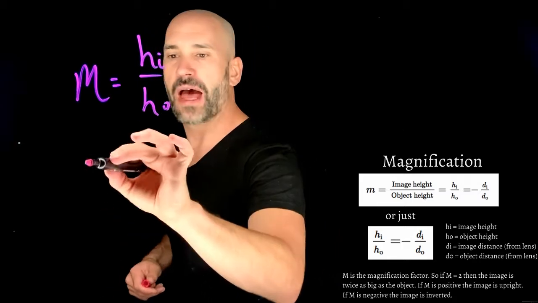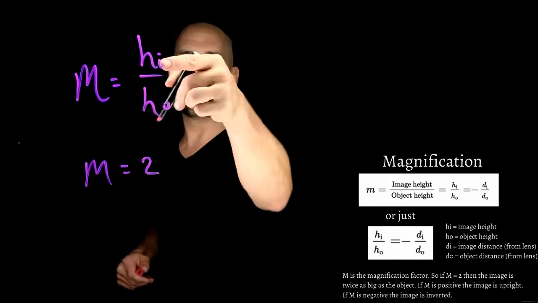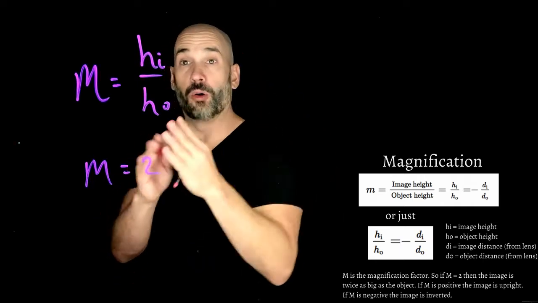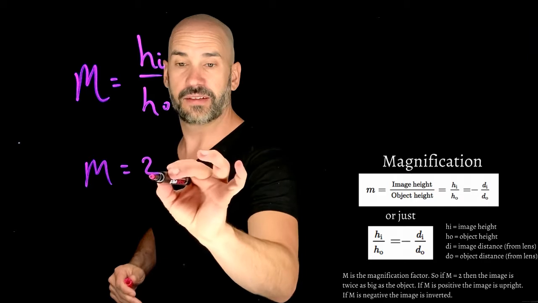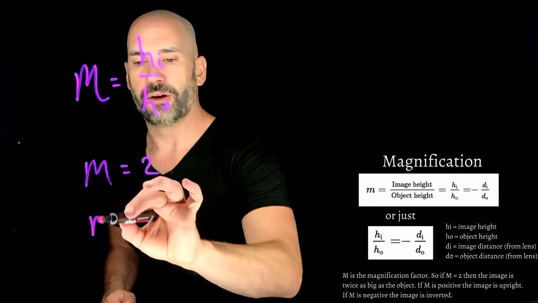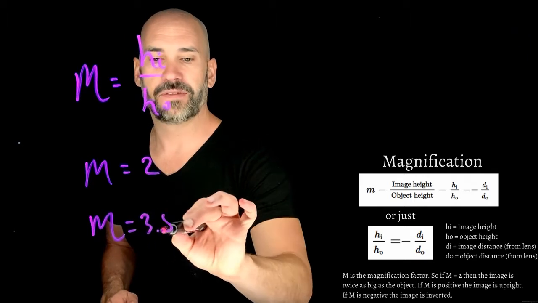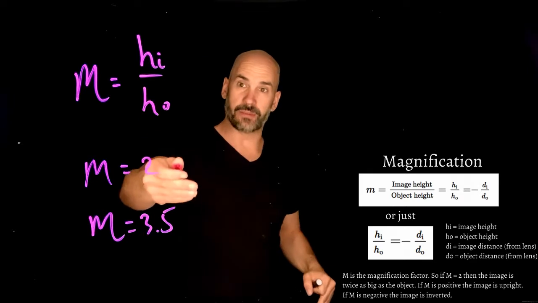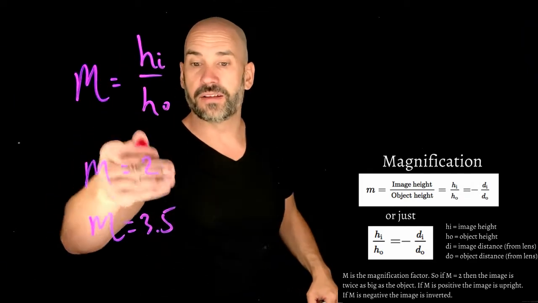So in other words, if M is equal to 2, the image is going to be twice as tall or twice as long as the object. If M is 3.5, then the height of the image is going to be 3.5 times the height of the object.